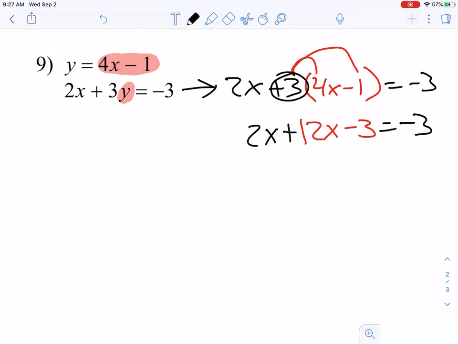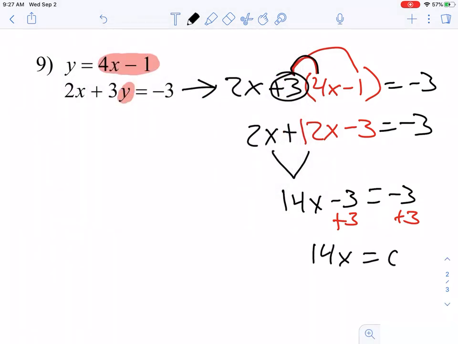Notice that I'm not rewriting this 3 down here because I used it up when I made the 12 and the negative 3. I used it up when I distributed. I combine like terms. That's going to give me 14x minus 3 equals negative 3. I then add 3 to both sides. So 14x equals 0.